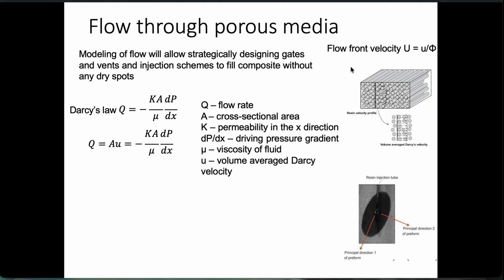The pressure is the vacuum pressure, which is 0, minus the atmospheric pressure. It also depends on the viscosity of the fluid itself, which will be given to you. The velocity here is the volume average Darcy velocity. There are a couple of assumptions we are making here.